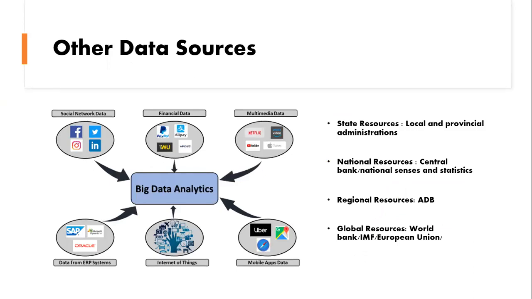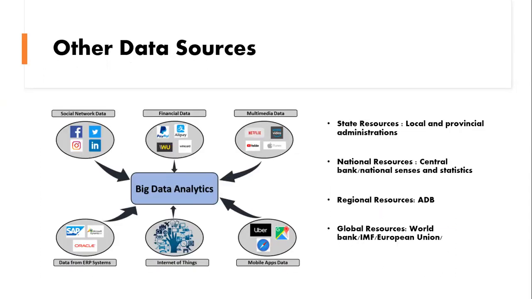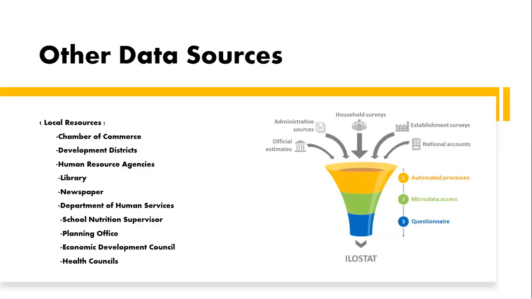State resources: local and provincial administration. National resources: the central bank, national census and statistics. Regional: the ADB, and globally the World Bank, IMF, European sources, just for your information. So these are the local and international data sources.